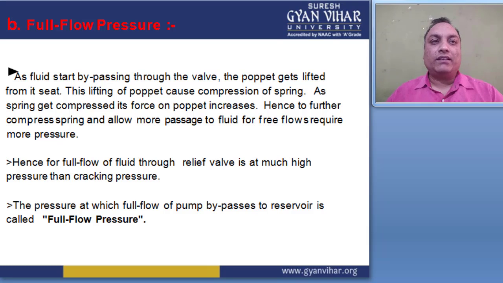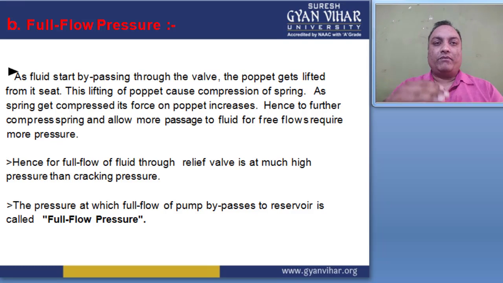Fluid starts passing through the valve and the poppet gets lifted from its seat, and the lifting of the poppet causes compression of the spring, and as the spring gets compressed, its force on the pressure increases.